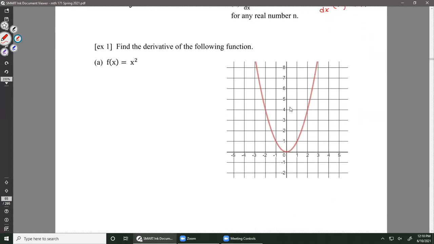So let's move to example 1. We have: find the derivative of the following function. And most people see this and they write down the derivative and they don't think about their notation.